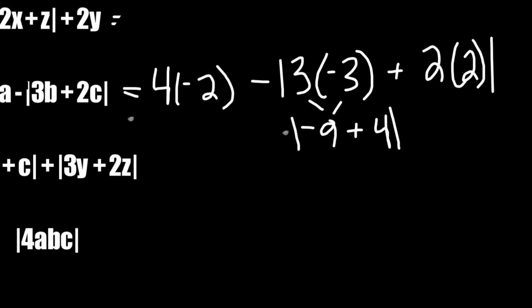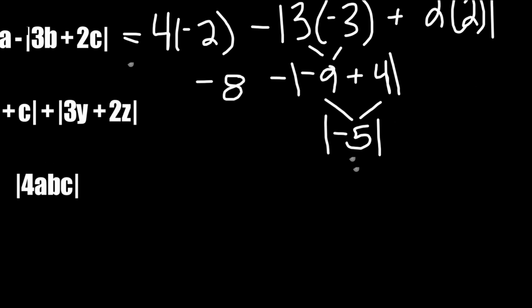And let's solve this as well. 4 times negative 2 is negative 8. Now negative 9 plus 4 equals negative 5. And the absolute value of negative 5 is 5, which will give us negative 8 minus 5, which equals negative 13.